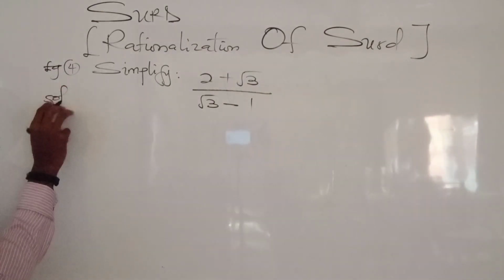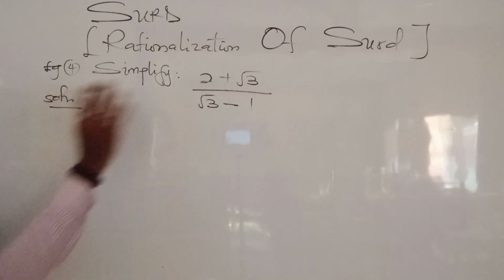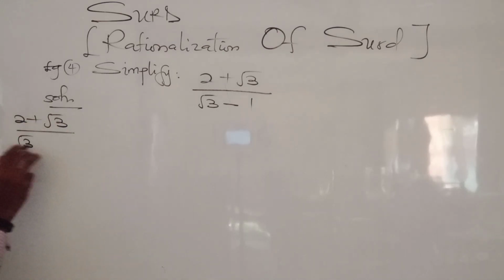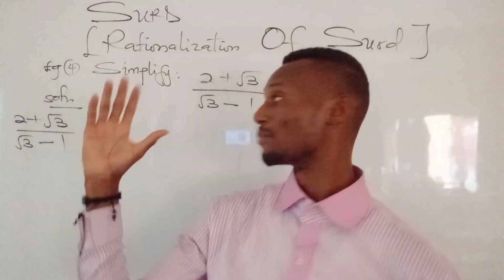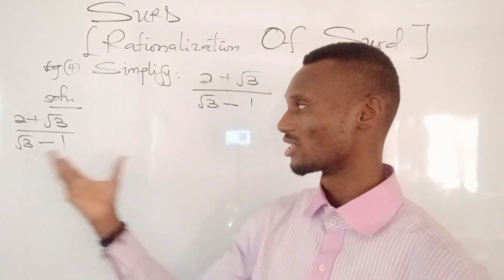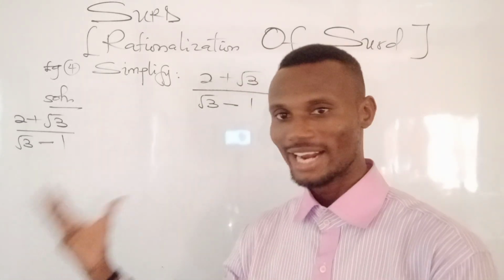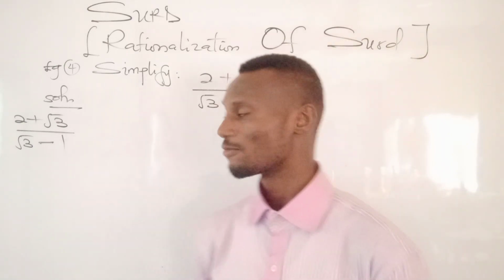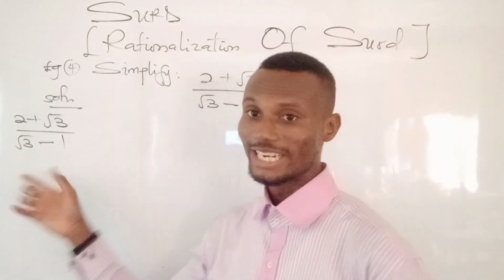So I have my solution here, so I'm going to repeat the question given. So I have 2 plus root 3 all over root 3 minus 1. We are being asked to simplify this one, and I've explained that the only way to be able to simplify this is to rationalize it. For us to rationalize this, we are going to find the conjugate of the denominator.